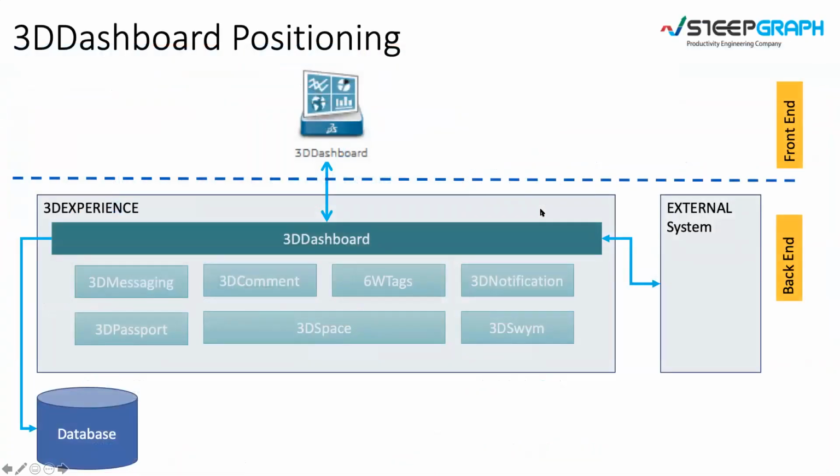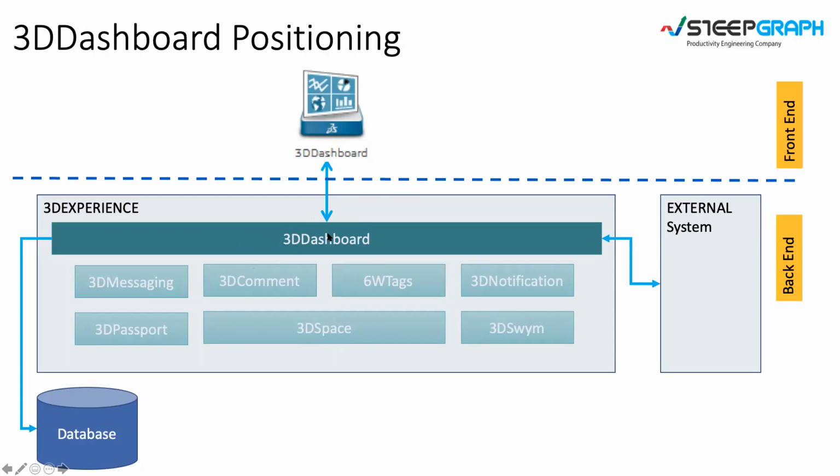If you look at the 3D dashboard positioning in the overall 3D Experience architecture, you can see this simplified view of where the 3D dashboard is placed. There are multiple products or applications on the backend or server side, including 3D Space, 3D Passport, 3D Swym, and many of them, and 3D dashboard as well.